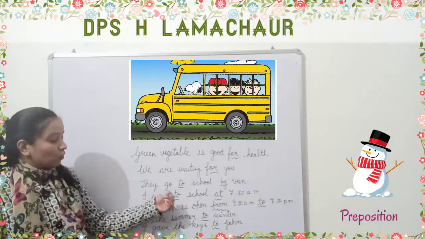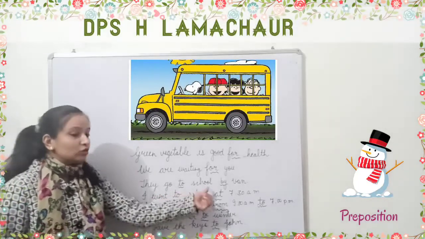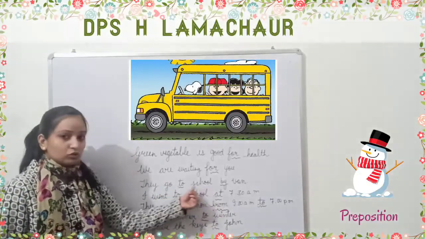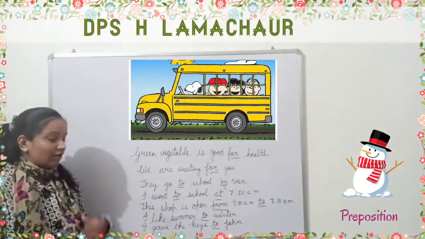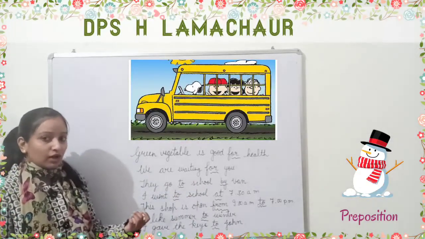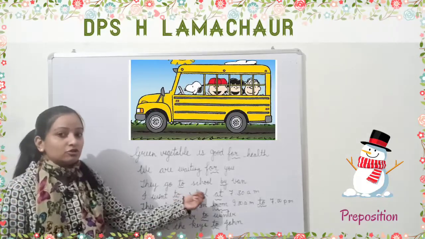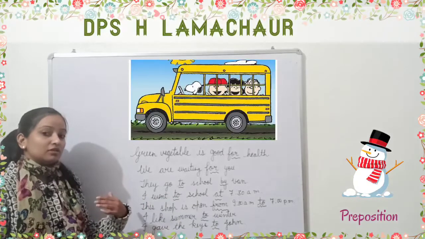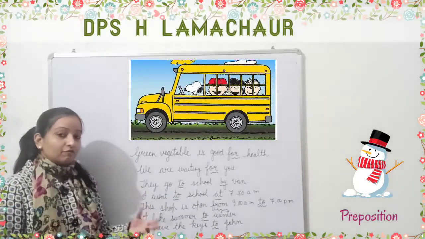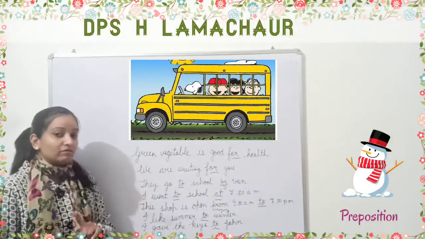They go to school. Where? To school. When we have to show the movement from one place to another, then we use to. Whenever we are using movement with a destination, then only we use to.